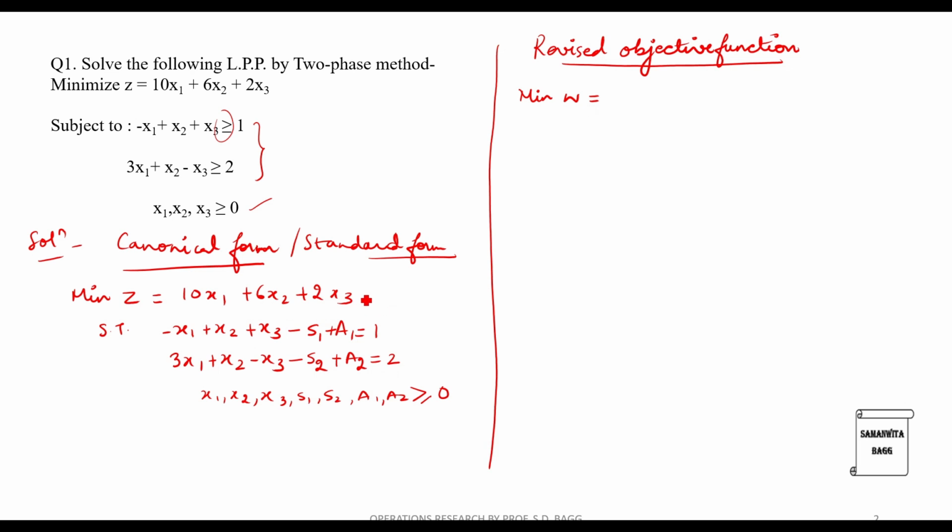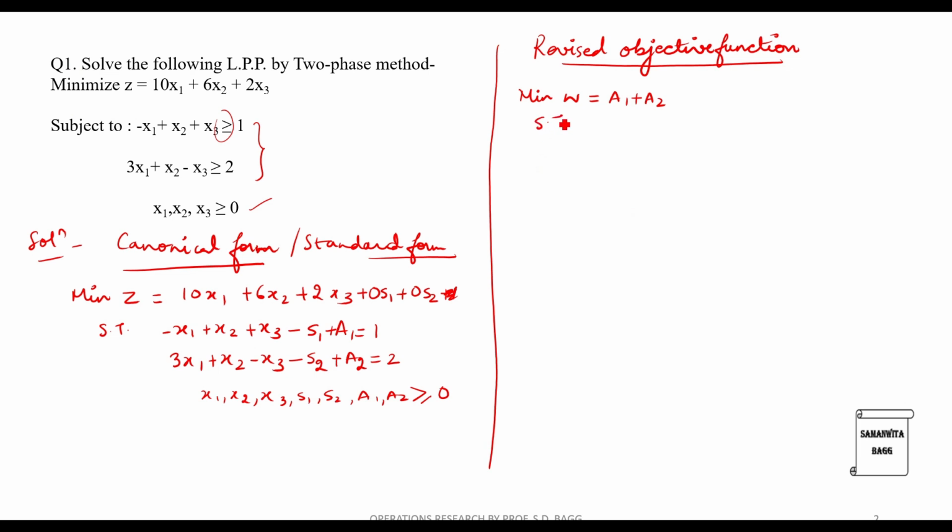Here we do not add the 0s1 and 0s2 terms, and we do not add the other variables. So we only leave it to the artificial variables. It could be a1, a2, a3, whatever is available, you have to use them.